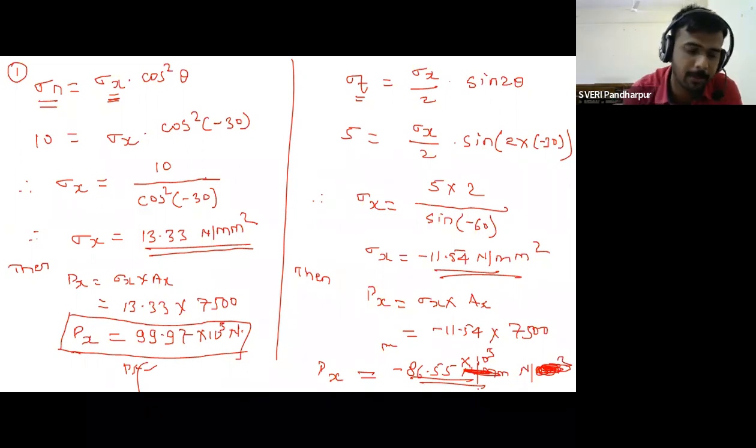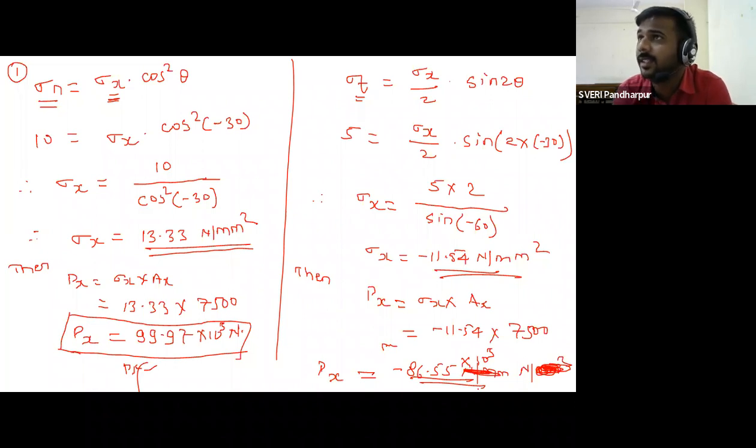So this is the one problem based on the safe load calculation, and these are some varieties based on case number 1. So this is the third variant of the problem we have discussed in today's lecture. Previously, all the values were given, we had to calculate sigma n and sigma t. Then in the second problem, sigma n was given, we calculated theta, and that theta we used for the sigma t calculation.